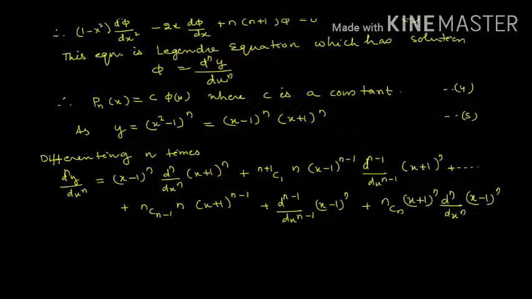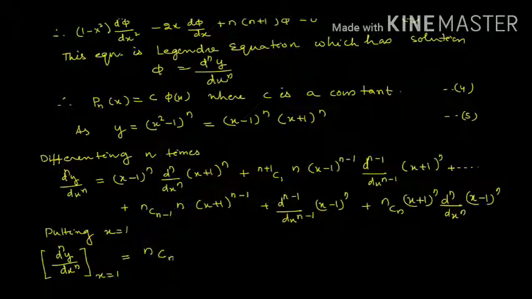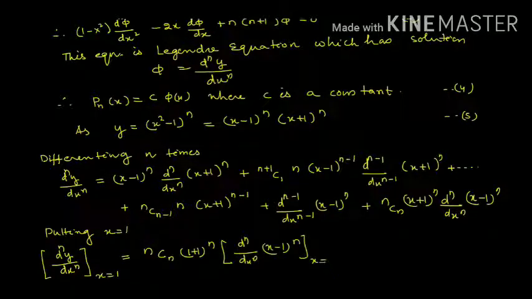Now putting x equal to 1, we can write d^n y by dx^n at x equal to 1. So we have only the last term. All other terms disappear as (x minus 1) is a factor in every term except the last term. So we get nCn (1 plus 1)^n d^n by dx^n of (x minus 1)^n at x equal to 1.